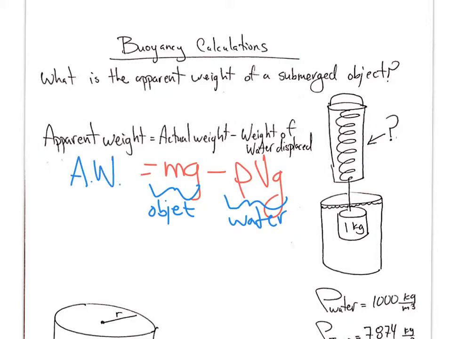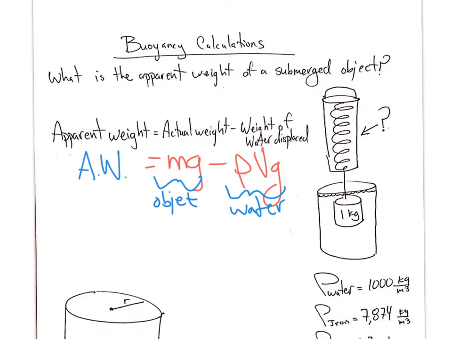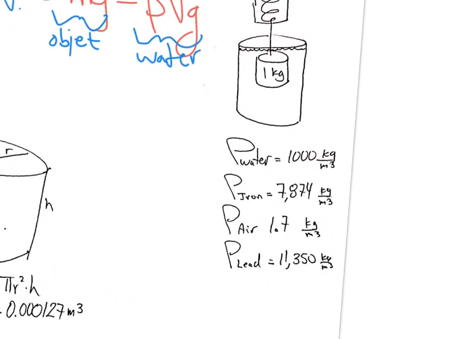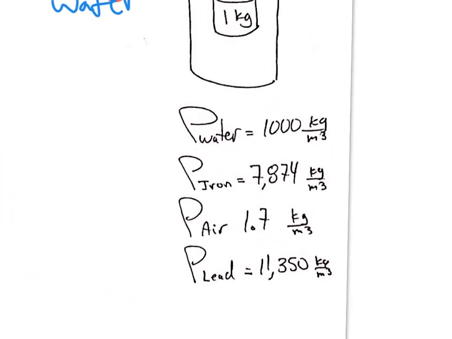Good formula there. Let's take a look at some different densities. Density of water, we have 1,000 kilograms per meter cubed. Iron, and I was assuming our masses were made out of iron. They might be steel, but I think iron would be cheaper.